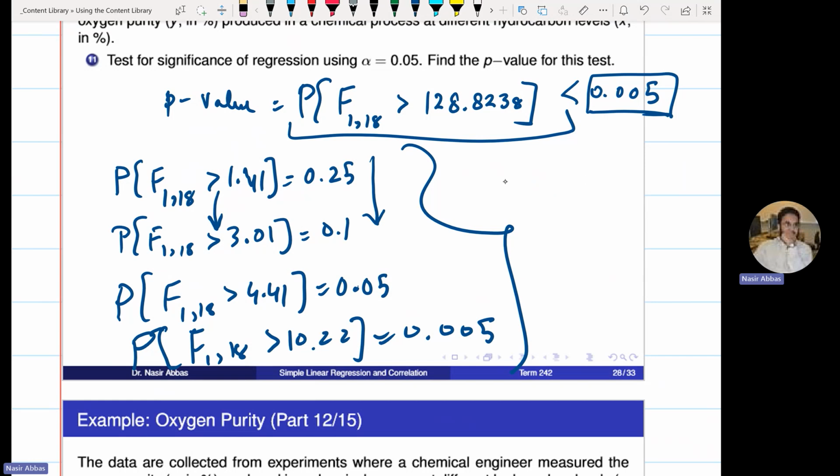What if there is a question which gives you the probability of F greater than 2.79? Now 2.79 is between 0.1 and 0.25. So this is how you will get the P value from the F table. Most of the time it is close to 0.